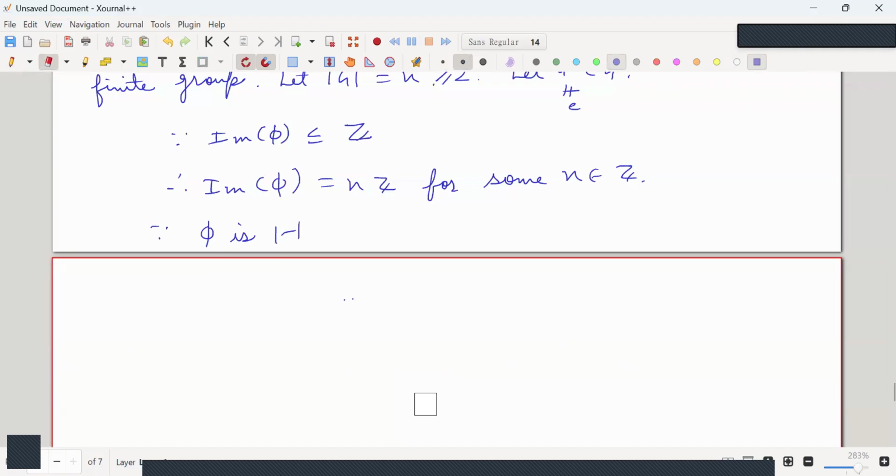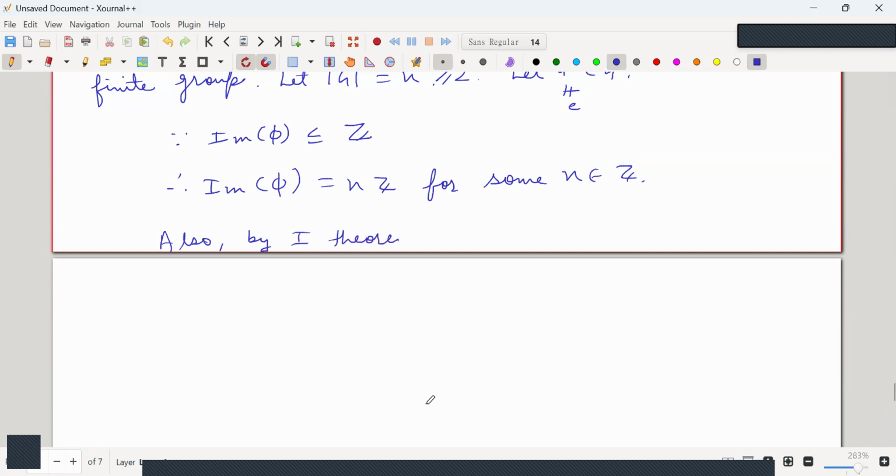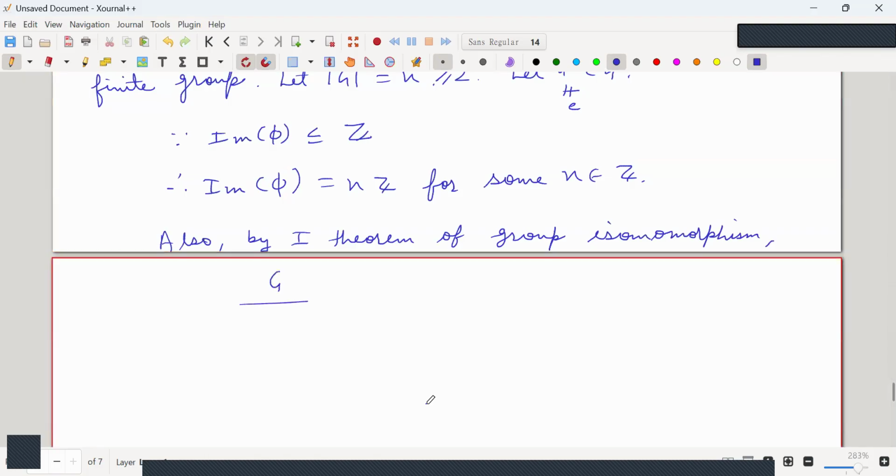This also follows simply by the first theorem of isomorphisms, which says that G mod kernel of phi is isomorphic to image of phi.